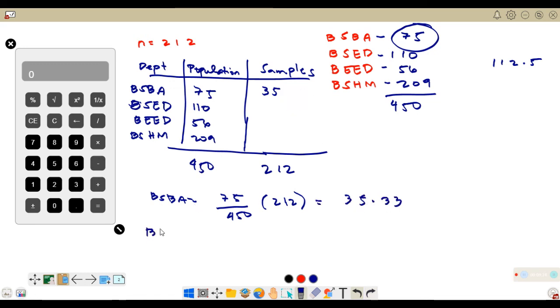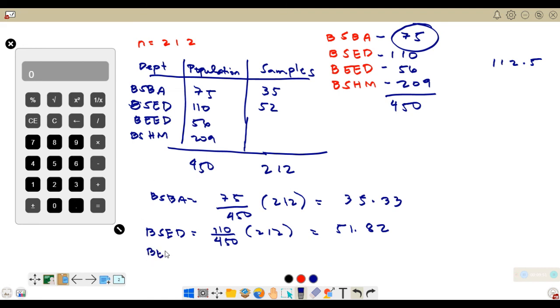Okay, now let's go to the population of BSED. We have 110. I-divide mo yan by the total number of population, 450. I-multiply mo sa 212. So, we have 110 divided by 450 times 212. Kukuha tayo ng 51.82 or approximately 52 students from the BSED department.